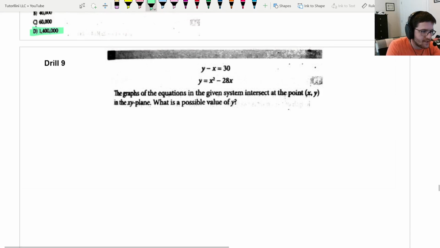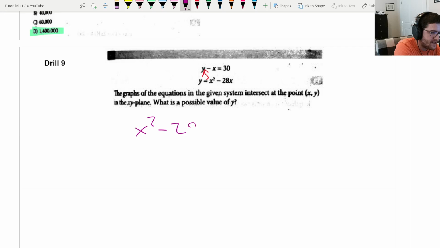Okay, system of equations. I've already got y by itself, so I could just substitute right away. I'm thinking that is what I will do. So let's substitute this lone variable, and I get x squared minus 28x minus x equals 30.